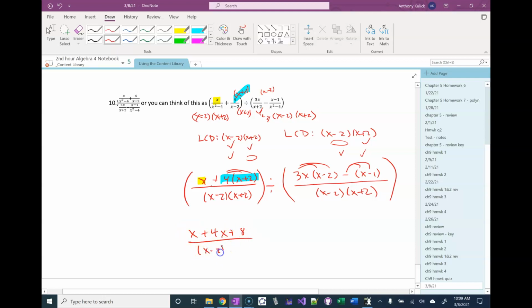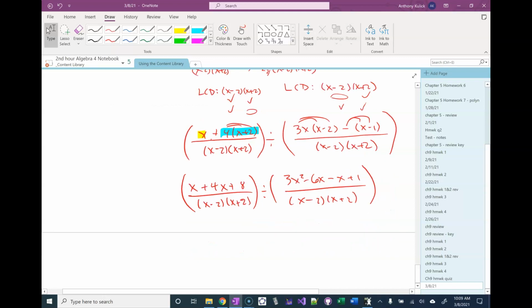I have 5x plus 8. And I'm going to combine like terms and flip now, since it's division. Is that okay? And then we're just left with 5x plus 8 over 3x squared minus 7x plus 1.